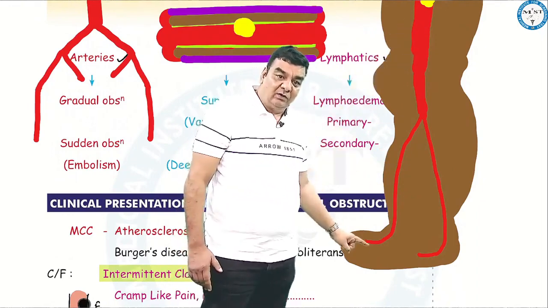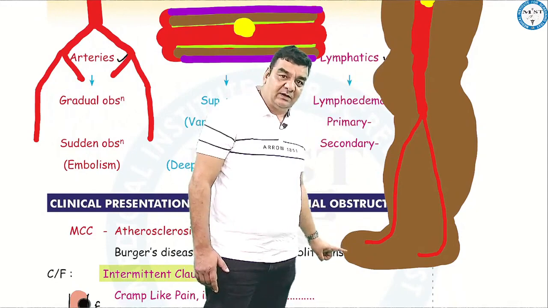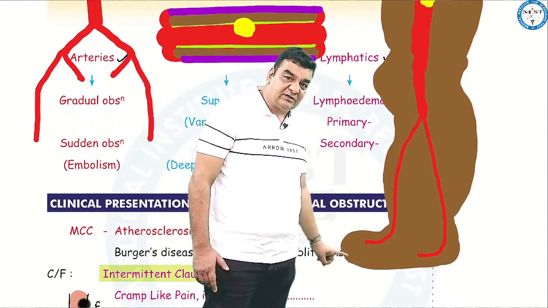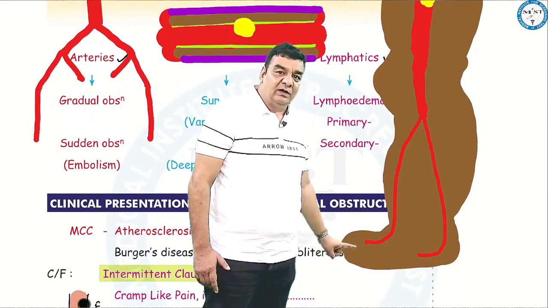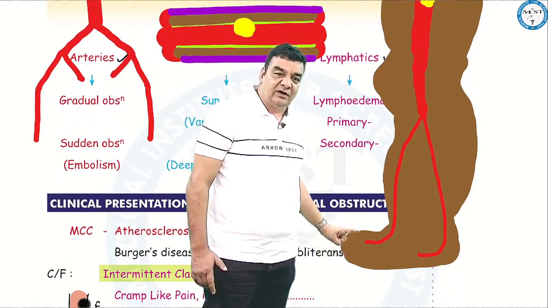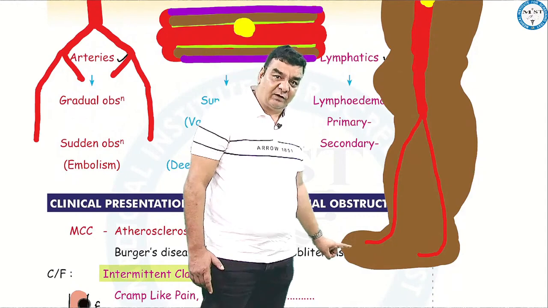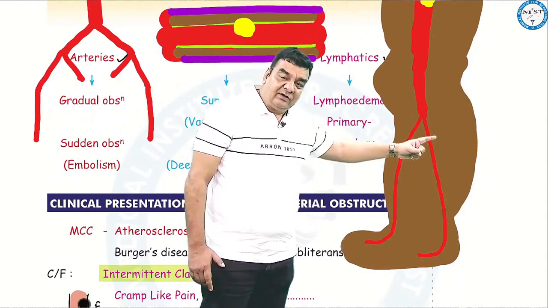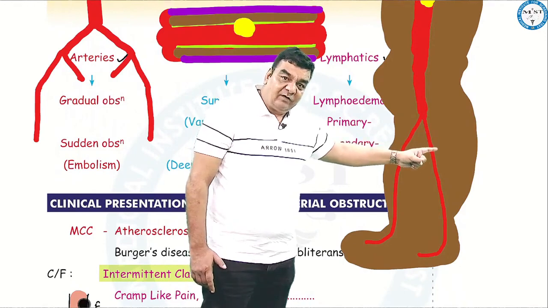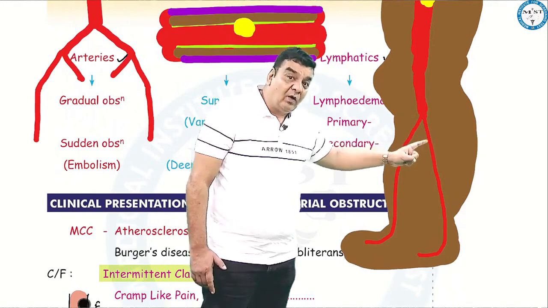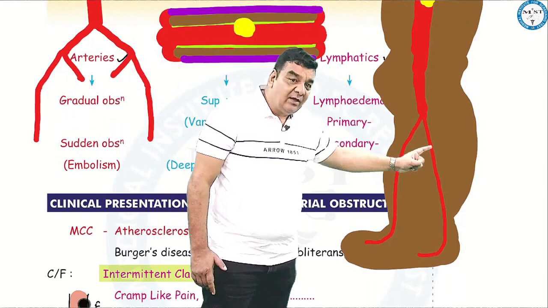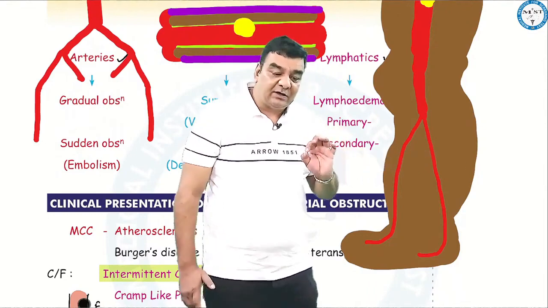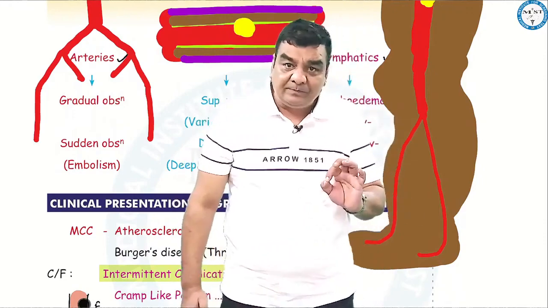So now the most distal part is not able to receive supply even at rest. This is what we call rest pain. So rest pain is felt in the foot at rest. Intermittent claudication is felt in the calf on walking, on exercise. Intermittent claudication is not felt at rest. Remember, beta, it is simple.